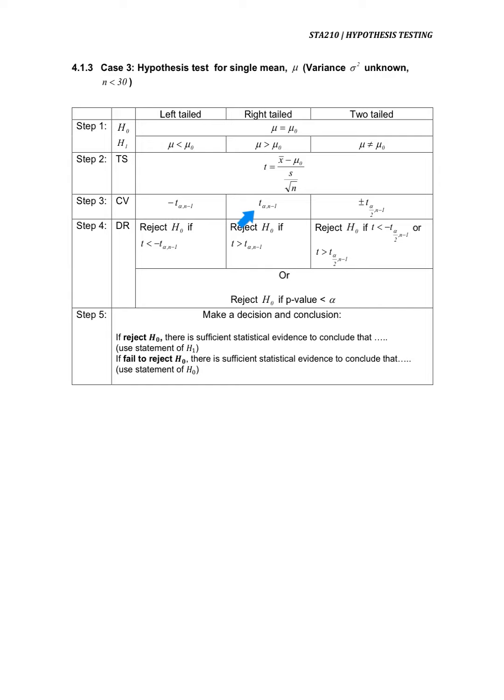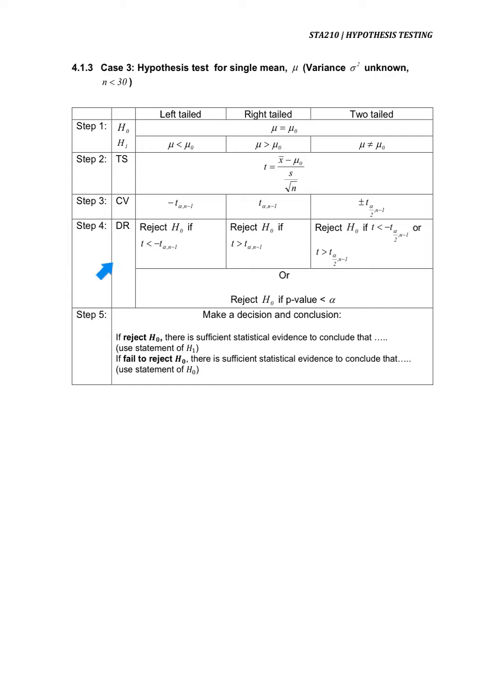For the right tail it is t alpha, n minus 1. For the two tail, it is plus minus t alpha over 2, n minus 1. Don't forget, if you are using the two-tail test, meaning your H1 uses the not equal symbol, then your alpha should be divided by 2. Only for the two-tail should you divide alpha by 2.